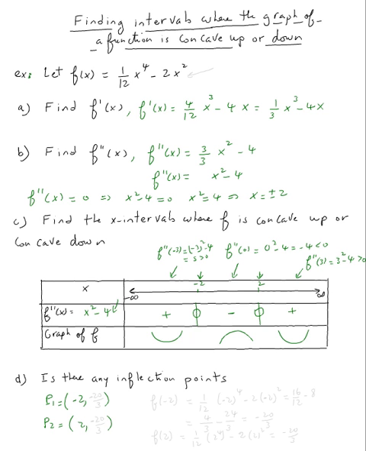So all we need to find is f of negative 2 and f of 2. f of negative 2 means we need to plug negative 2 into our original function. If we do that, we'll get 1 over 12 times negative 2 to the fourth minus 2 times negative 2 squared, which is equal to 16 over 12, minus 2 times 4 is minus 8.